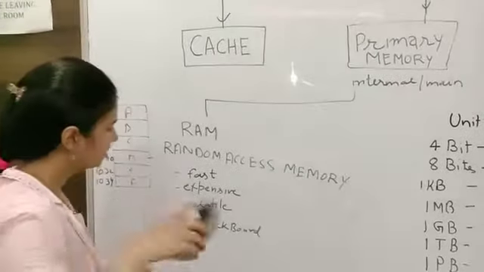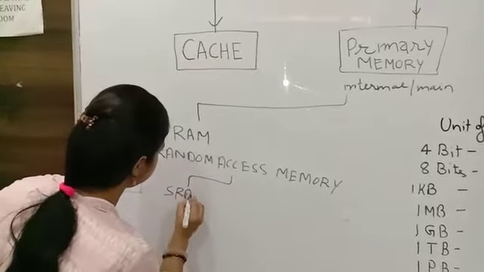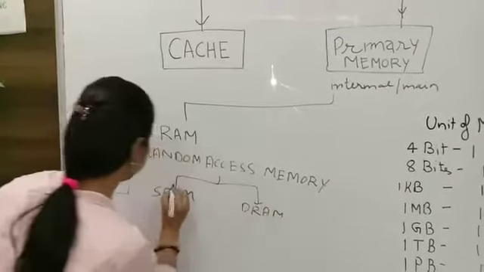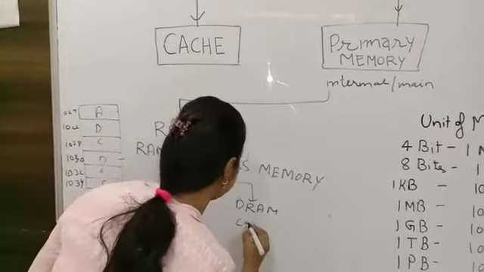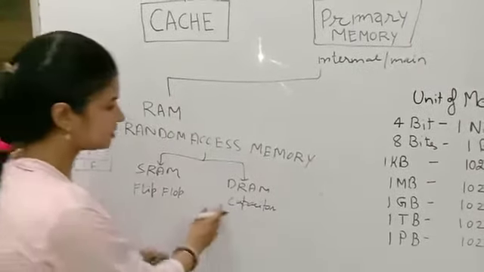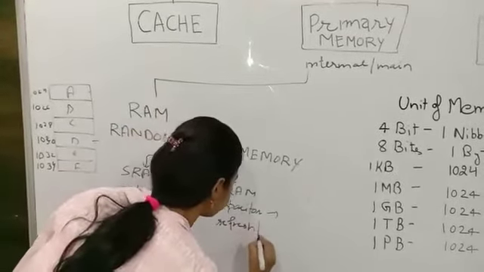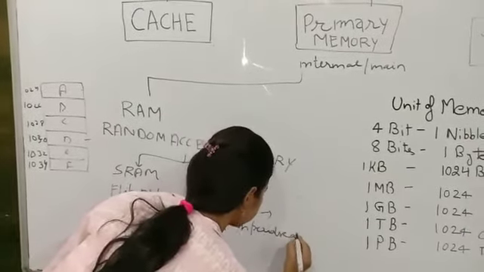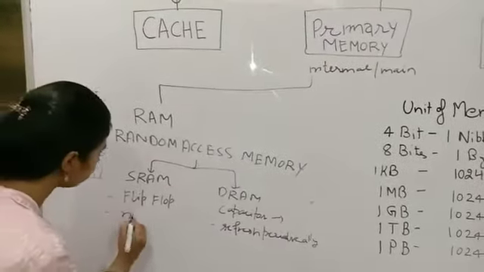RAM is of two types, static RAM and dynamic RAM. In static RAM we use flip-flops to store the data. In dynamic RAM we have capacitors. This capacitor leaks electric charge, so it has to be refreshed periodically, while in SRAM there is no refreshment.